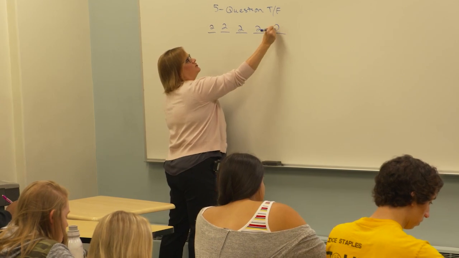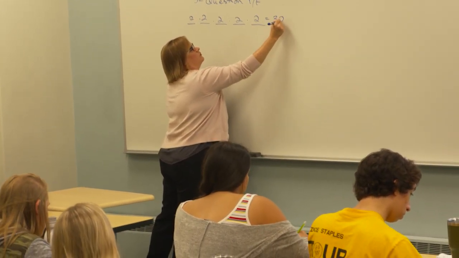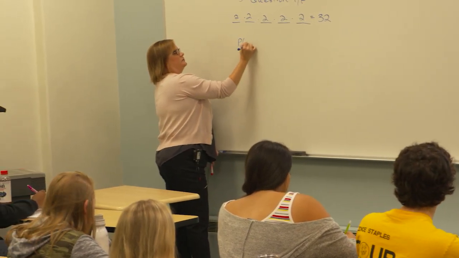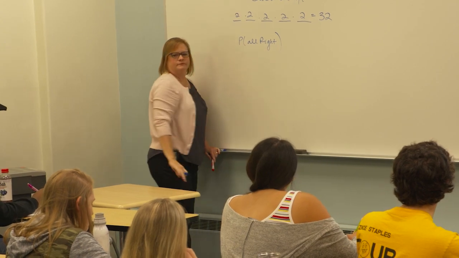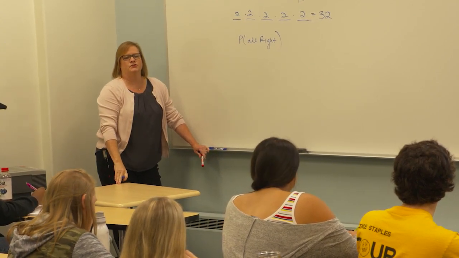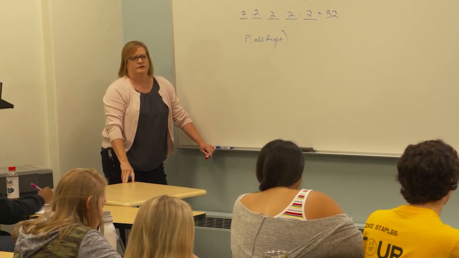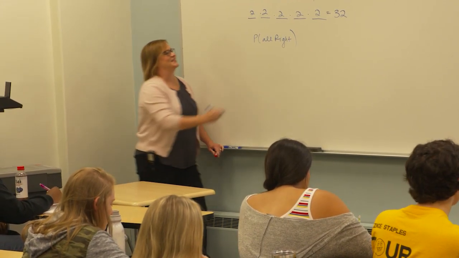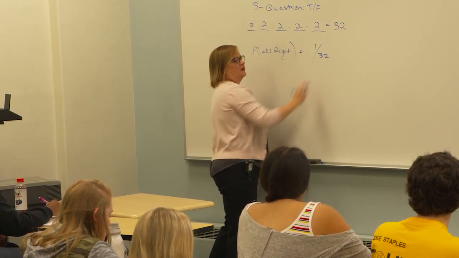So how many ways could you answer that? 32. All right. What's the probability you get them all right? So how many answer keys are there? 1. Yeah. So probability if you're guessing, you get them all right, 1 out of 32.